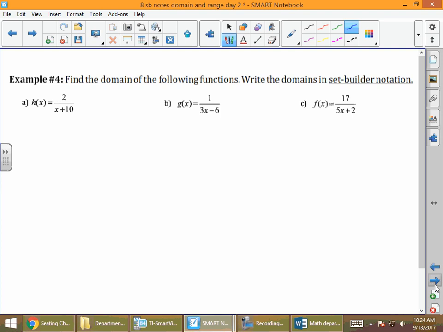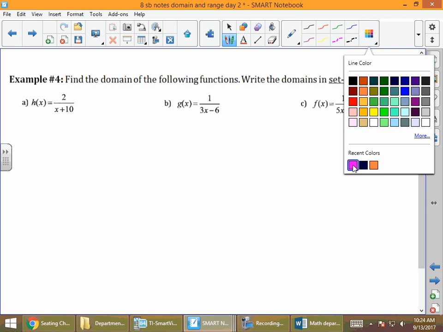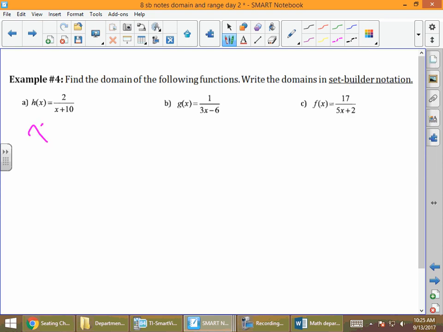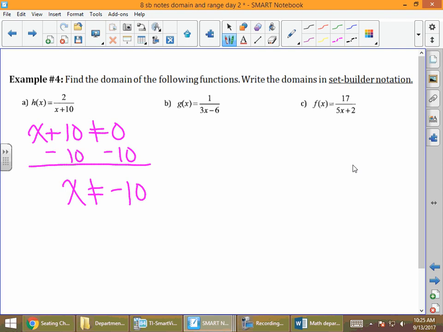But our first example here to find the domain of these functions, and we're going to leave them in set builder notation. Here's a rational. So we're going to take the bottom, the denominator, and we're going to set it not equal to 0. We're going to subtract 10 from both sides, and we get x doesn't equal -10.